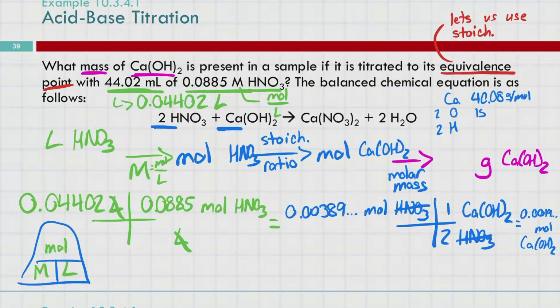The oxygens are each 15.999. The hydrogens are each 1.008. So a total molar mass of 74.094 g/mol.